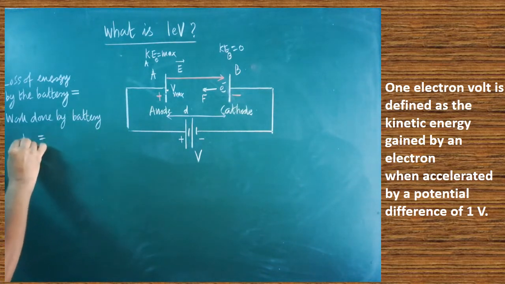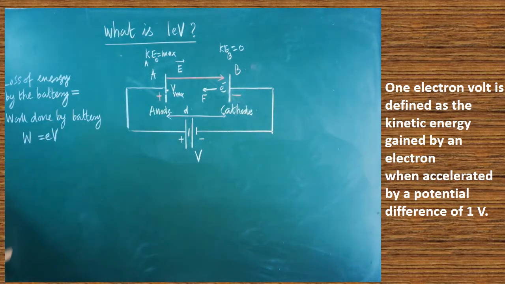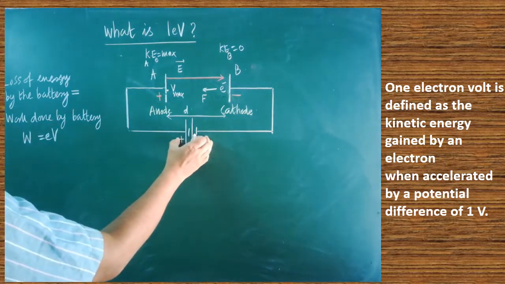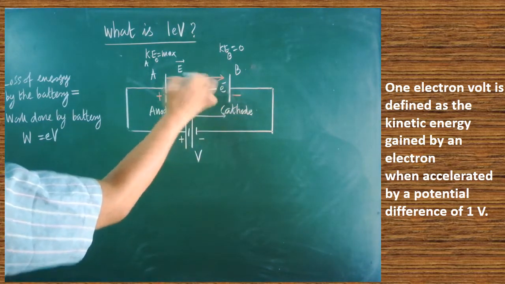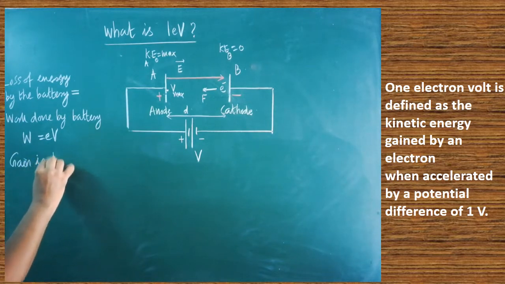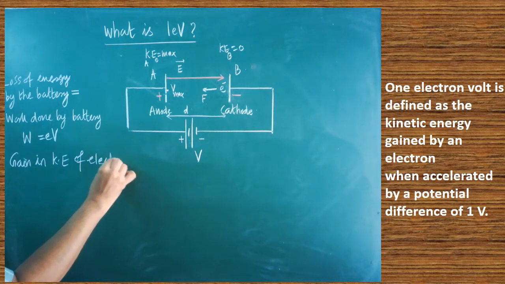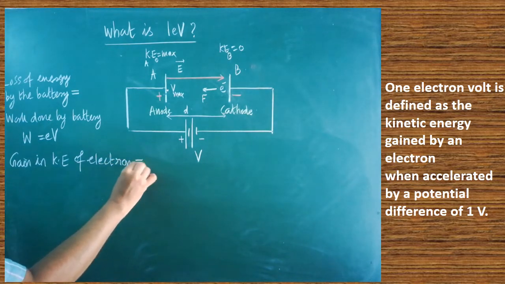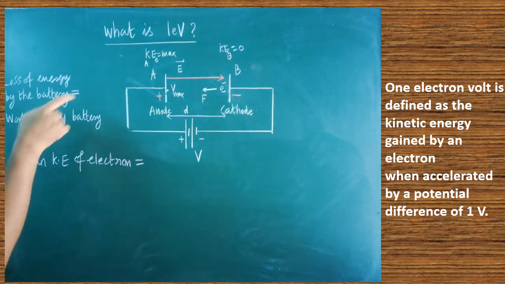The formula is W is equal to eV. The loss of energy by the battery is equivalent to the gain in kinetic energy of the electron. Therefore, according to the law of conservation of energy, the gain in kinetic energy of the electron will be equivalent to the work done by the battery, or loss of energy by the battery.